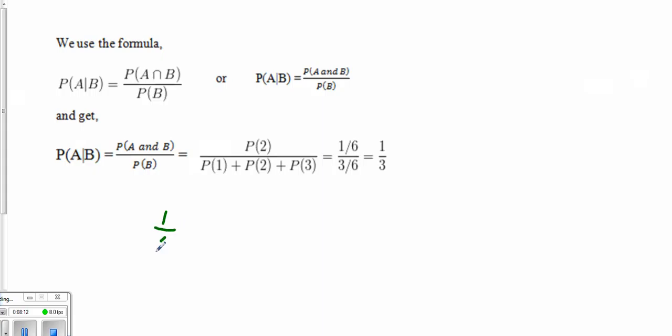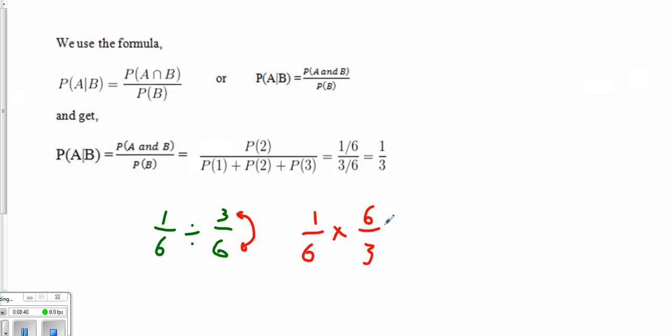Now, you can type that into your calculators as 1/6 divided by 3/6, or remember that if we're working with fractions, when you are dividing fractions, write this in red now, it's the same as multiplying by the reciprocal. We flip these two around. So we'd all of a sudden have 6 over 3.